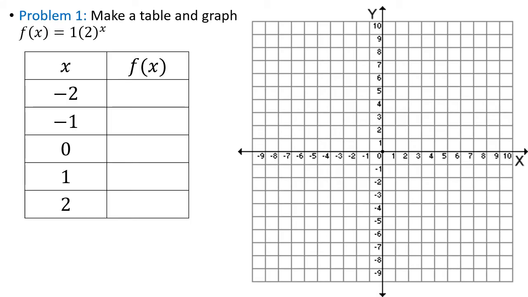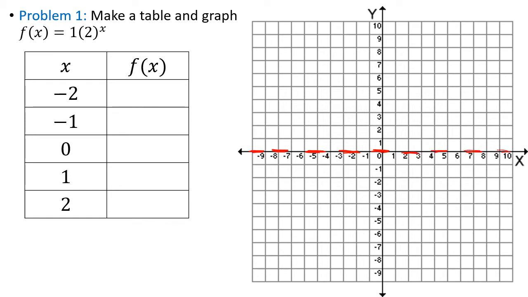Okay, this problem says make a table and graph f of x equals 1 times 2 to the x. First thing I want you to do is to draw the asymptote. The asymptote will be at 0, so you should have a dashed line going across your x-axis. You're going to have an asymptote at 0 because you have no k value.